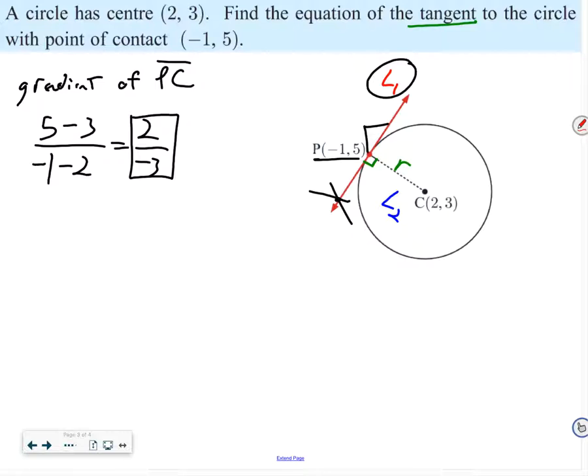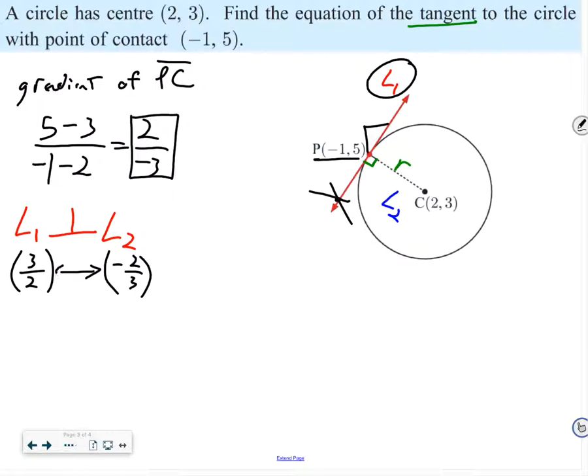But I want to find the gradient at P for L1. And since L1 is perpendicular to L2, and that gradient for L2 was negative 2 over 3, a gradient that is perpendicular to that must be opposite, so it's going to be positive 3 over 2.